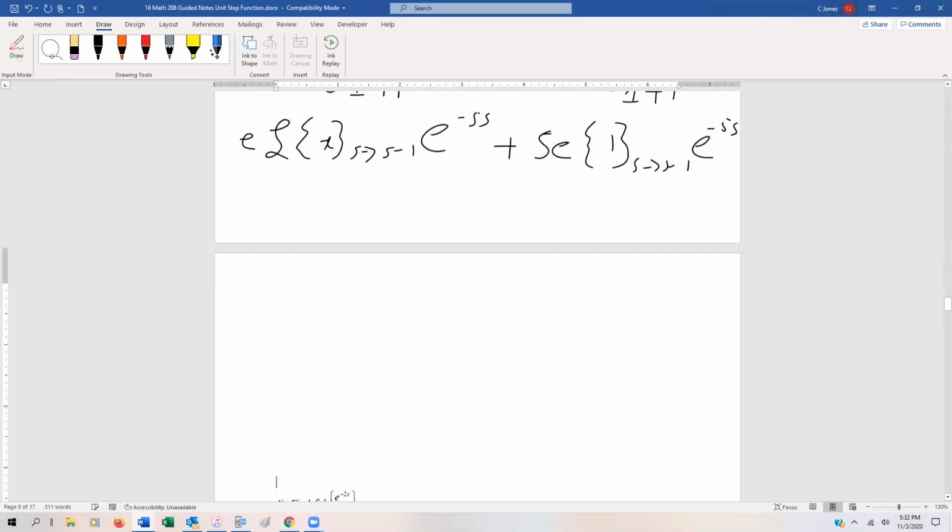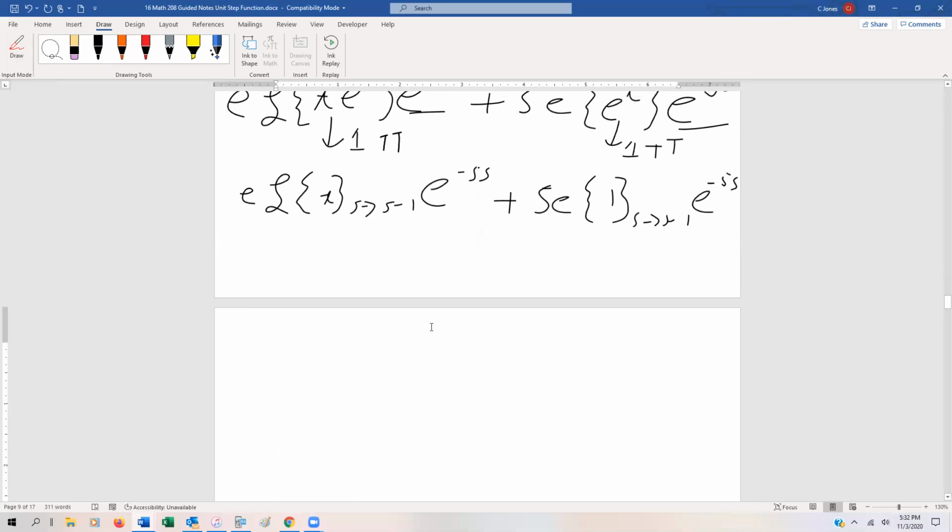All right, so now I'm going to write the answer in a few ways, just because if you were to check this by utilizing Wolfram Alpha, you might get something completely different. So one possible answer is going to be e times e to the minus 5s. And when we take the Laplace transform of t, that's 1 over s squared, but we have to plug in s minus 1 from the first translation theorem.